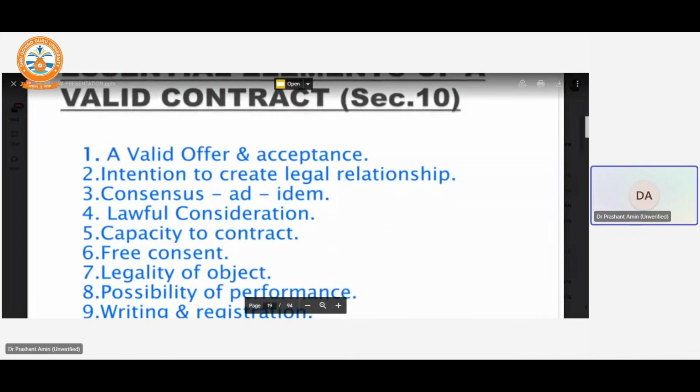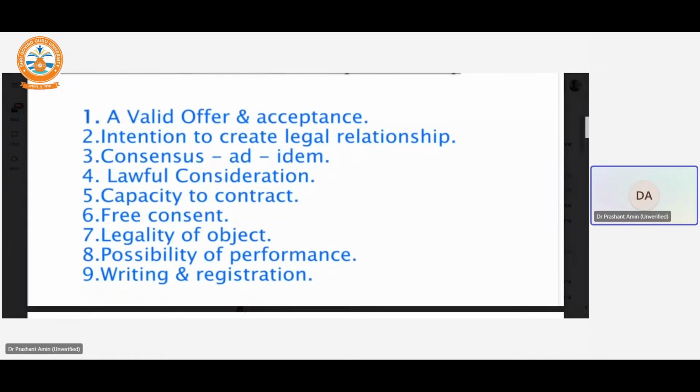Consensus ad idem, I have just explained. Lawful consideration means that there is intention to create a legal relationship under the offer and acceptance. So that is lawful consideration. Capacity of the contract we have seen. Free consent means both parties entering into the contract are under no pressure from anybody and enter into the contract freely by their own will.